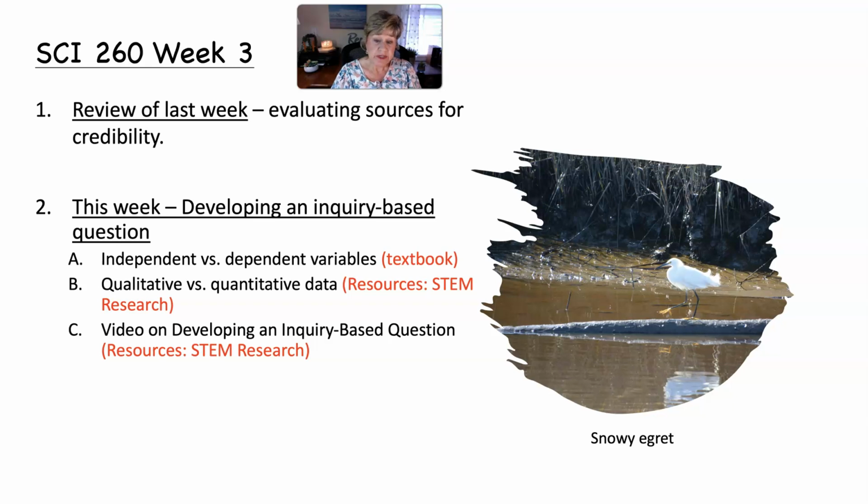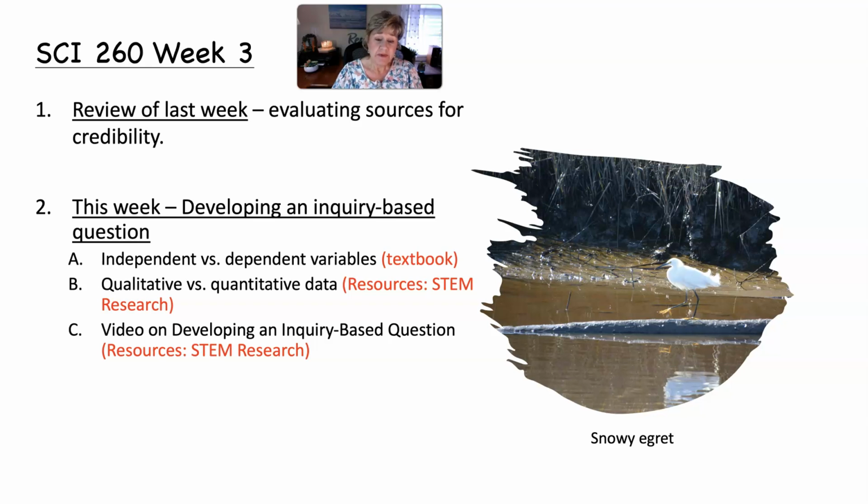Look at your STEM research under the resources section for this week, and there's a good explanation for this. Plus, there are a couple of questions for you to take a look at as practice questions to see if you can determine what is qualitative type of data versus quantitative. So that's good practice for you before the quiz that you take.